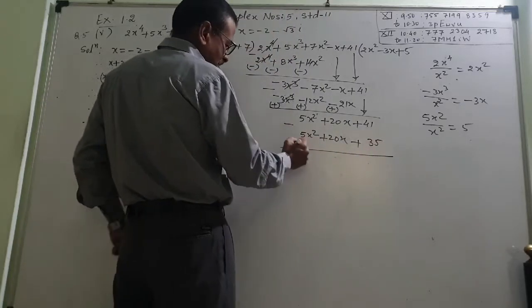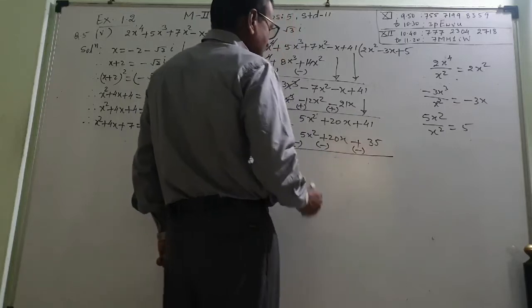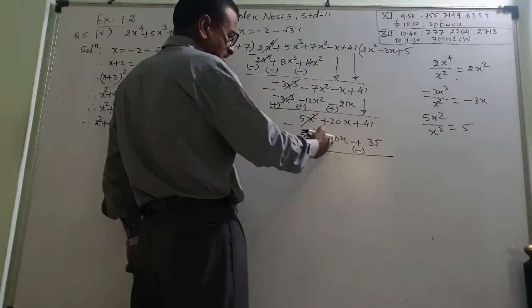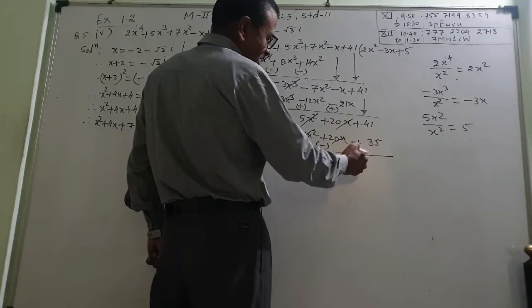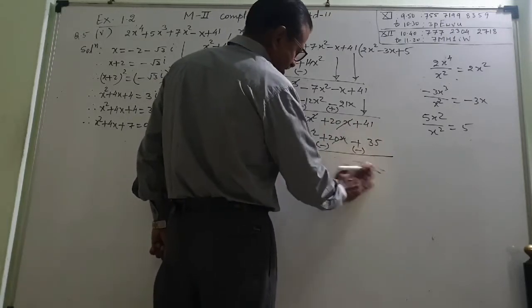I am subtracting it. This will become minus, this will become minus, this will become minus. Now this is getting cancelled, this is also getting cancelled, and this is minus 35. So 6.